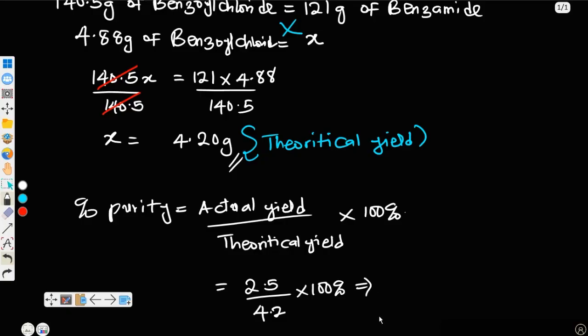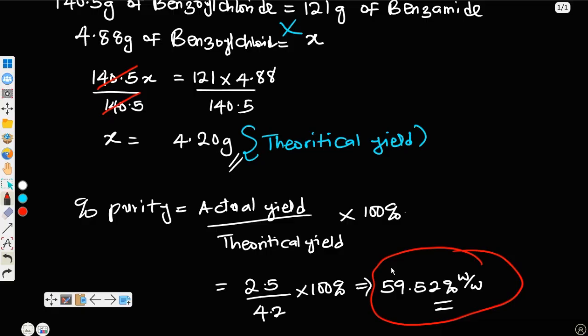When you punch this in your calculator, 2.5 divided by 4.2 times 100, it gives us 59.52% weight by weight. So this is our percentage purity for benzamide. Is that okay? The percentage purity for the benzamide that was used for this practical.